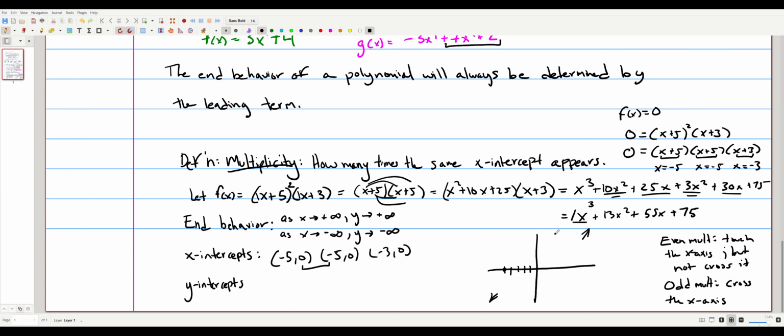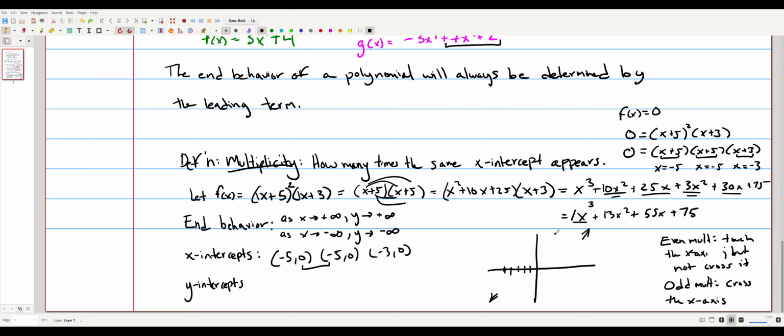And so all that means is that when we draw this point, instead of crossing it like this, because negative 5 has an even multiplicity, if we're starting from below, we're going to touch it and then come back down. We're not going to go through the point. But let's go ahead and plot our second x-intercept, negative 3. That's negative 1, 2, 3, so there's our other point.